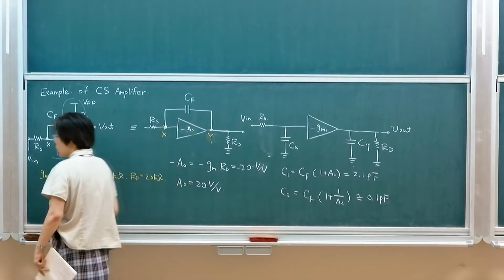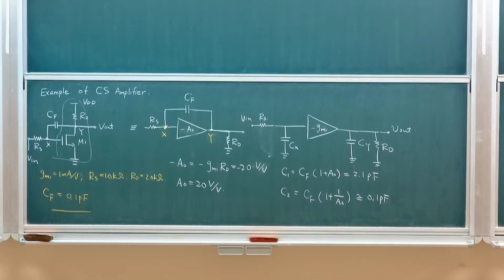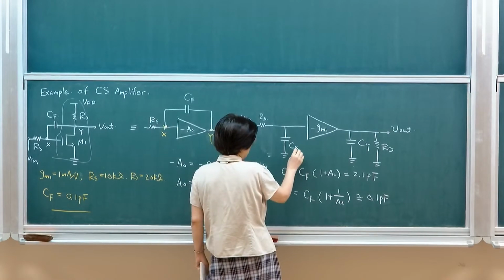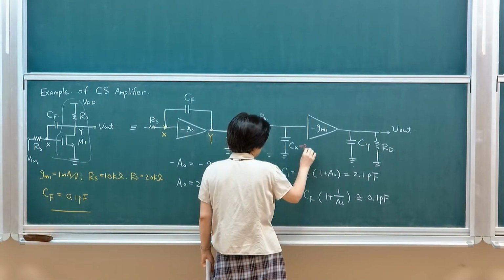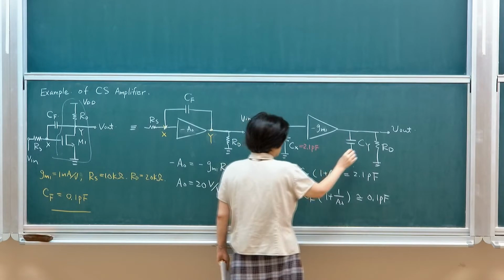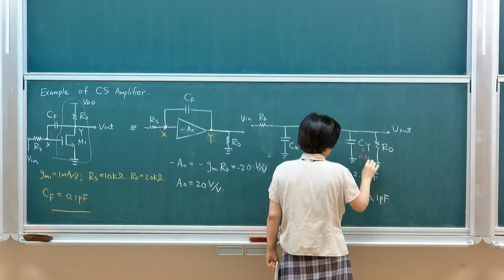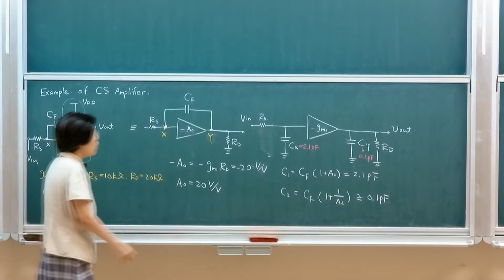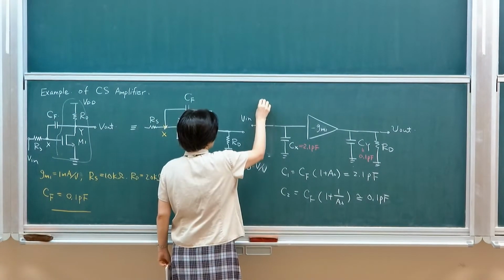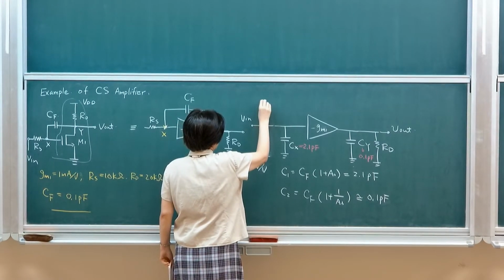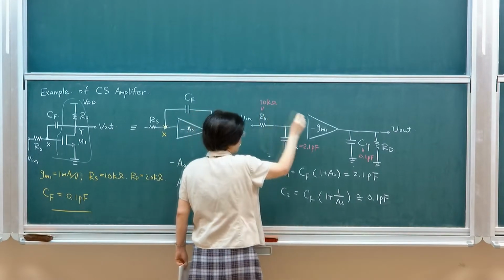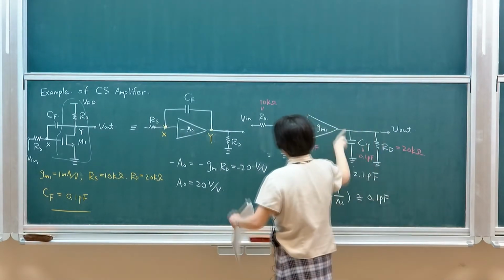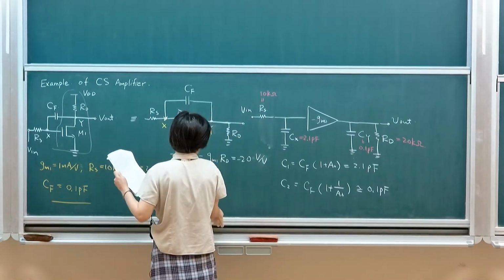So what happens is that we'll then have a pole, CX, which will be much, much larger than CY. Okay? And then I know RS is 10K, and this is 20K.